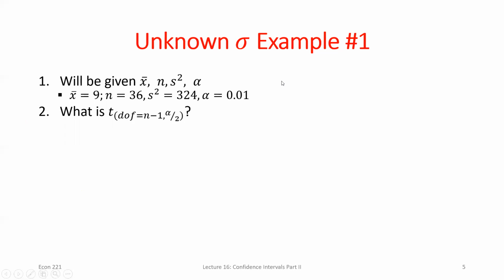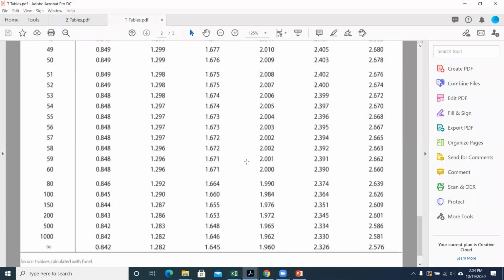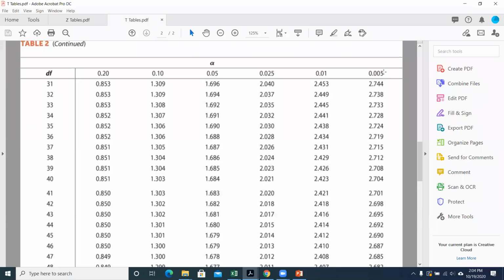Okay? So I go to this t-table. I know that the area I want in the tail, if I scroll up here, is 0.005. So this represents the area that I want in one of my tails, so alpha over 2. So 0.005, and then I go degrees of freedom 35.